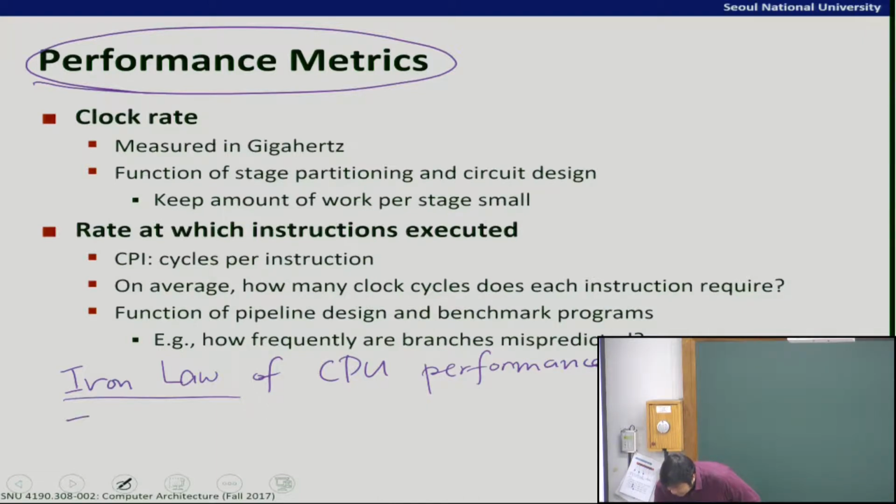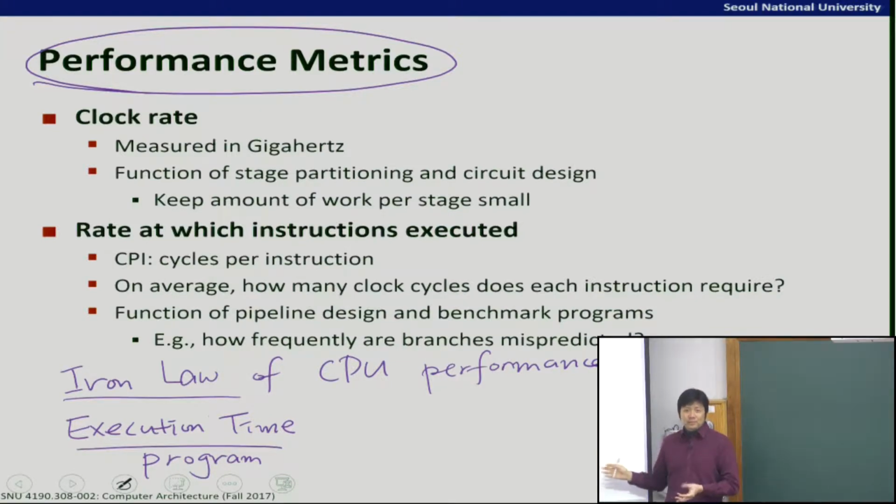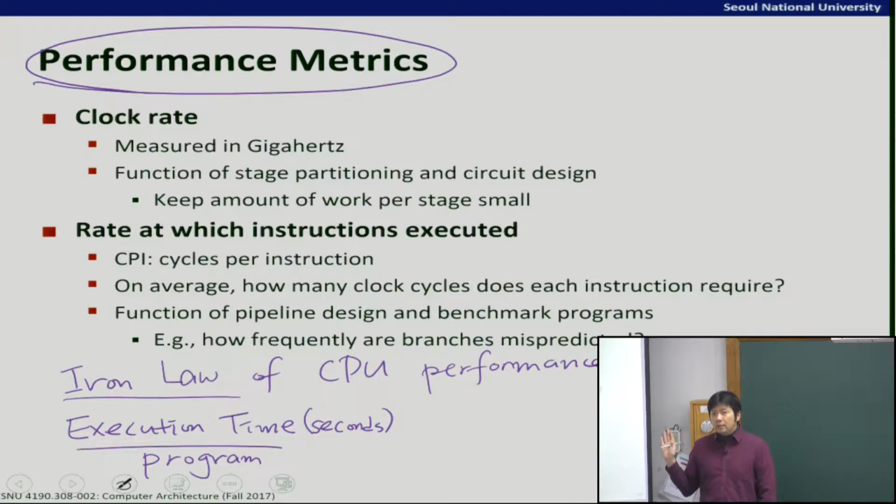Let's think about the execution time of your program. Let's say you have some execution time in seconds, because it's wall clock time, right? We can obtain this number by breaking down the execution time into 3 components.